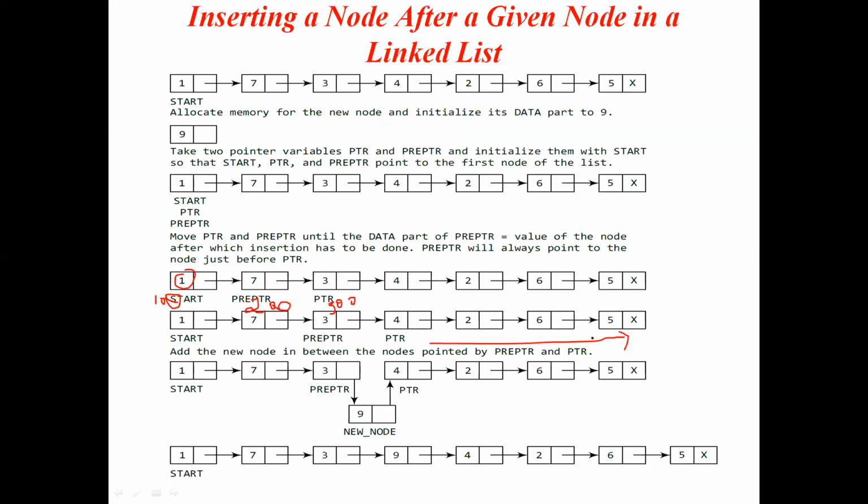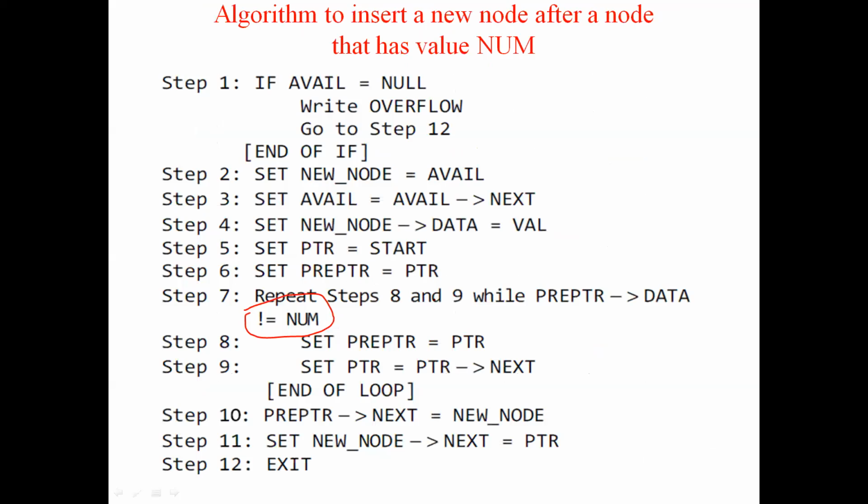It cannot be found in the list, so it displays the error message. I hope you understand this while part. This while part is for finding the particular node called 3.